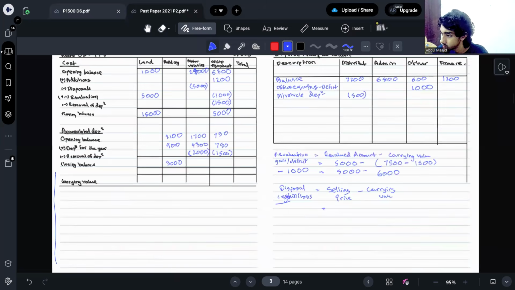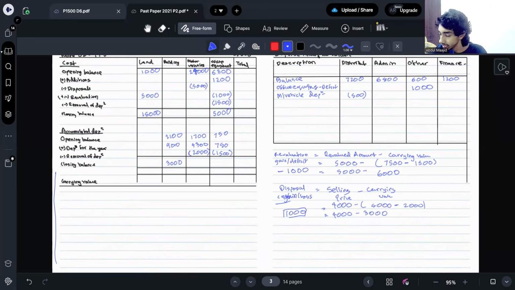So 4 million minus carrying value. The cost of the disposed asset is 5 million. The accumulated depreciation of that is 2 million. Then 4 million minus 3 million. The disposal gain is 1 million.